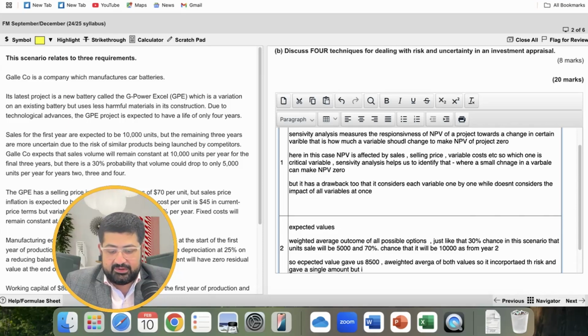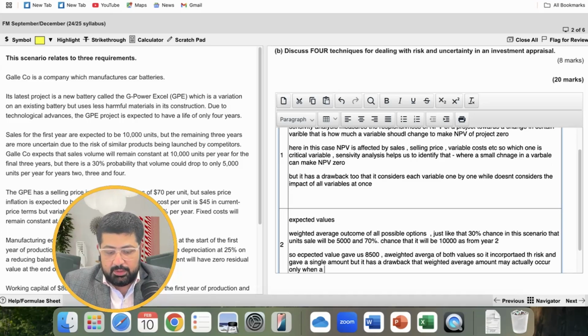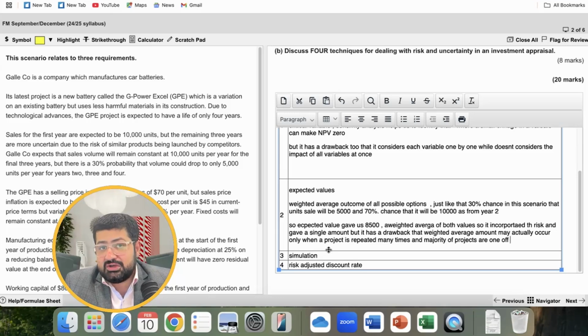But it has a drawback, that the weighted average amount may actually occur only when a project is repeated many times, and majority of projects are one-off. So that is the expected value 2 marks discussion.